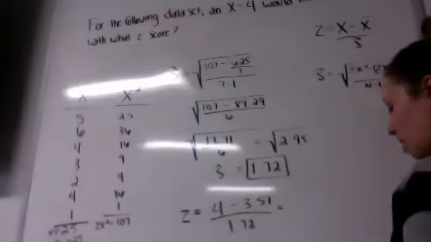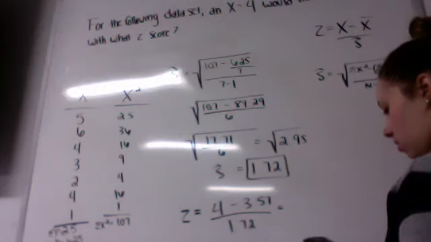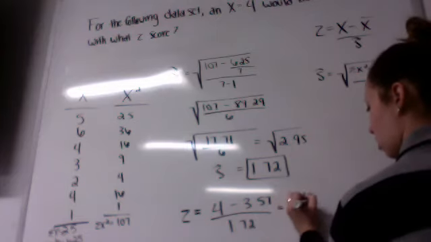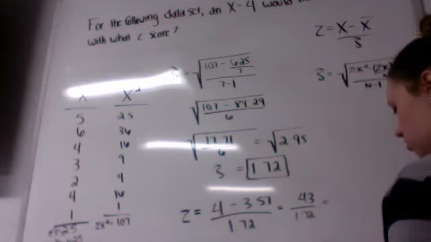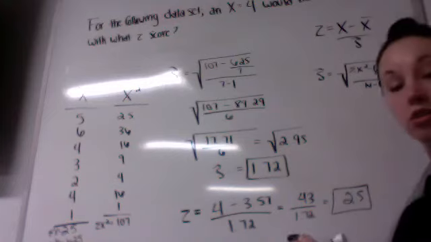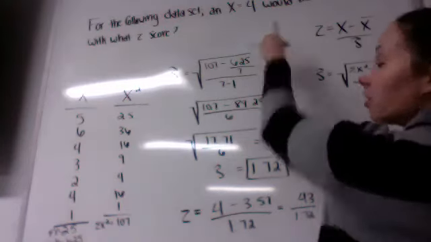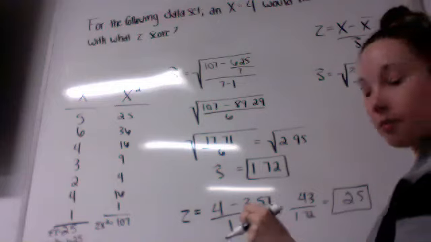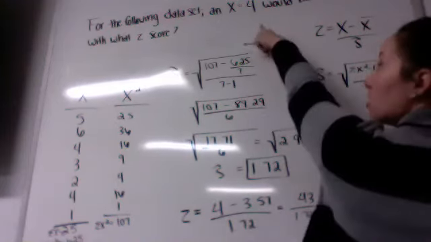So you do that math, 4 minus 3.57 gives us 0.43, over 1.72. We get 0.25. So this is our z-score that we get associated with the raw score of 4. So our z-score is the standard score that we get when we standardize this raw score here.